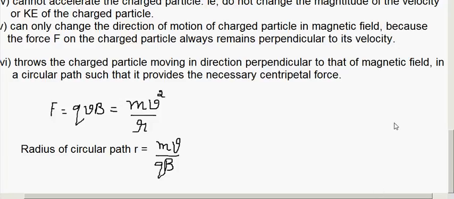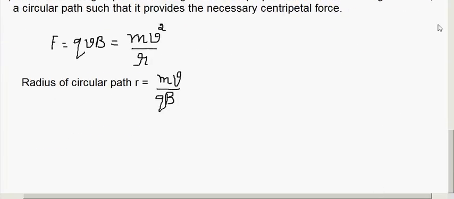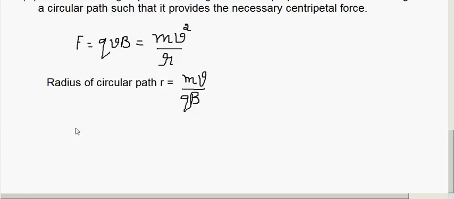Now if the angle between v and B is equal to theta, then what will happen? The last point, I think it is the 7th one.